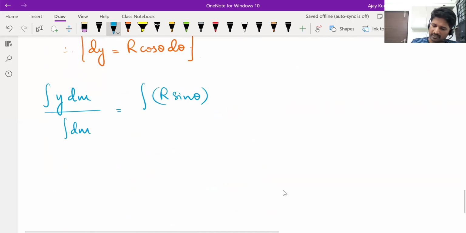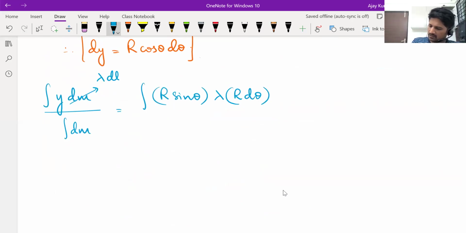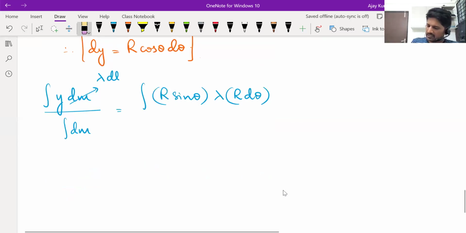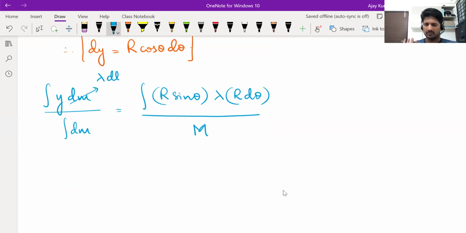So in place of dm, I am substituting lambda dl, and that is nothing but lambda into r d theta. Actually in this derivation dy is not necessary. Let us leave it. Unnecessarily we found, but okay, no problem. Divided by integral dm. Integral dm will be the total mass of the semicircular ring.